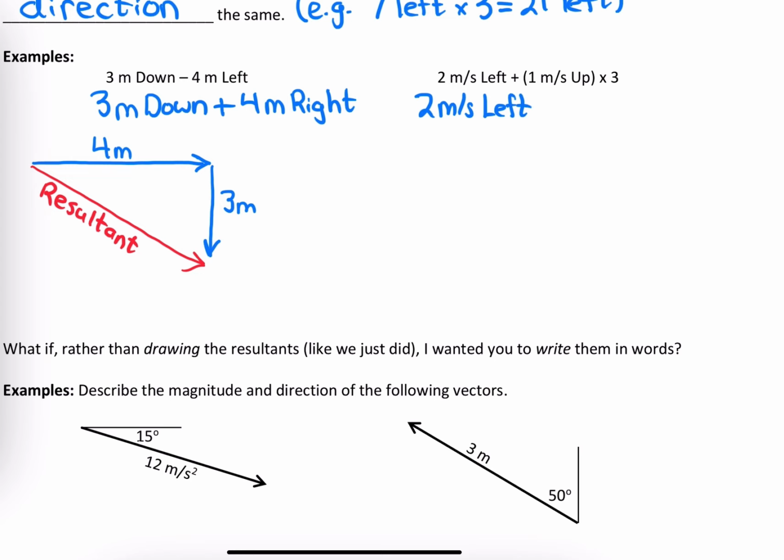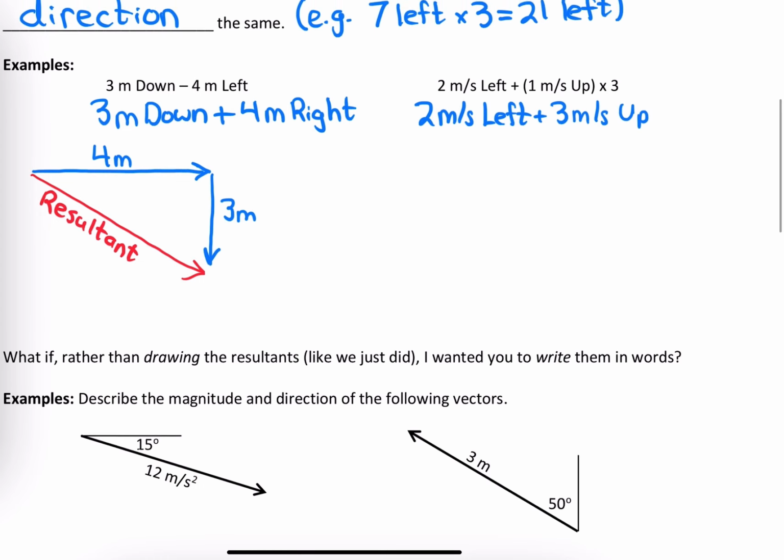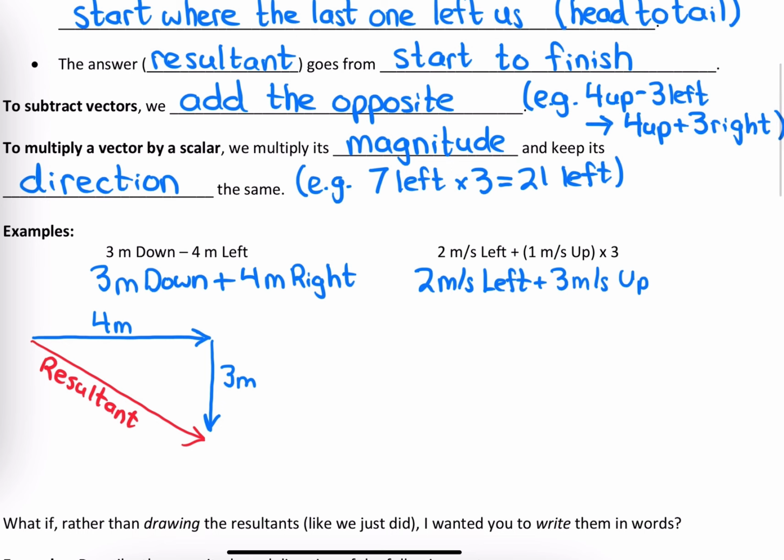And then 1 meter per second up times 3 is going to be 3 meters per second up. Remember our rule for multiplying a vector by a scalar is we multiply its magnitude and keep its direction the same, which is exactly what we did going from here to here.